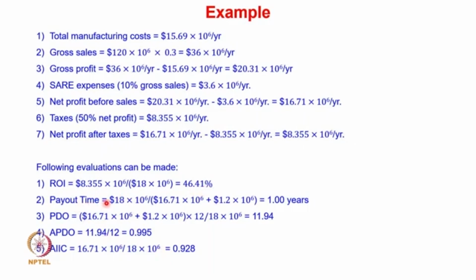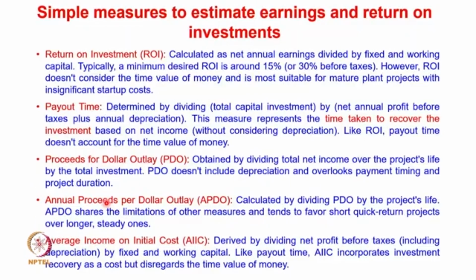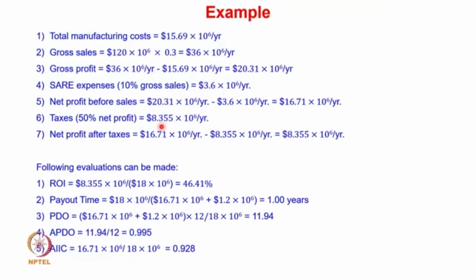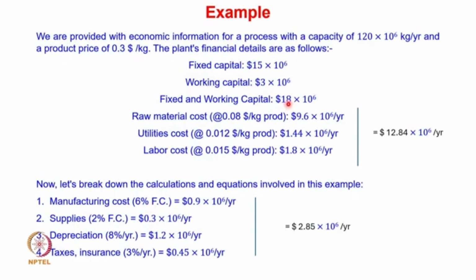Then payout time. Again, the payout time we have defined earlier. So payout time is nothing but what? Total capital investment divided by net annual profit before taxes plus annual depreciation. So you can see that in this case, 18 into 10 raised to power 6 is the total capital investment, isn't it?